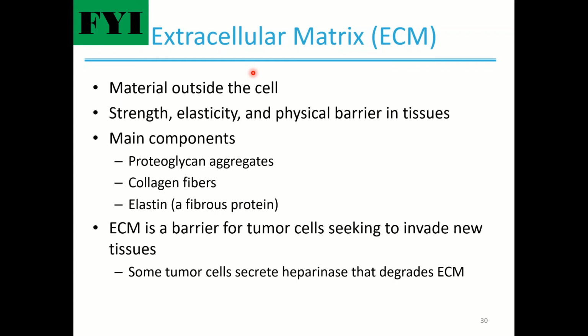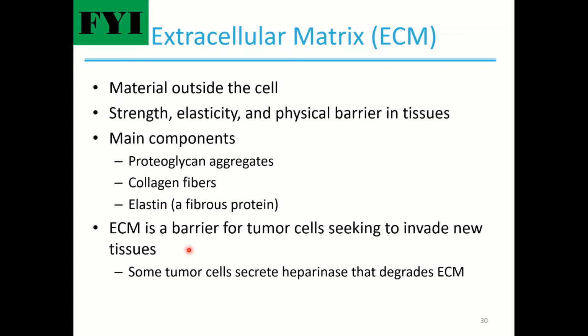The extracellular matrix as well contains some other things listed here. You're not going to need to know about them in this class specifically. If you're interested, though, they're things like collagen and elastin, as well as the proteoglycan aggregates that we just talked about.